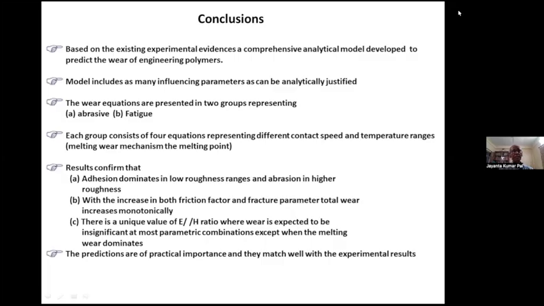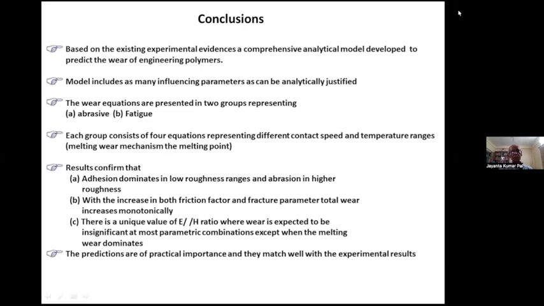We can say that the model or the predictive tool and the results from the predictive tool and the experimental results are fairly close.